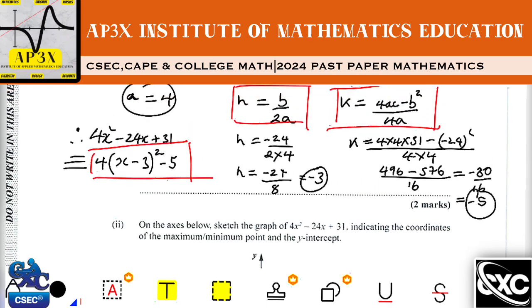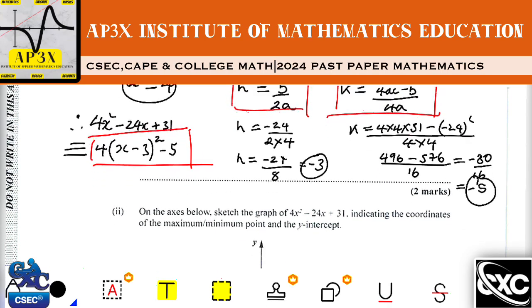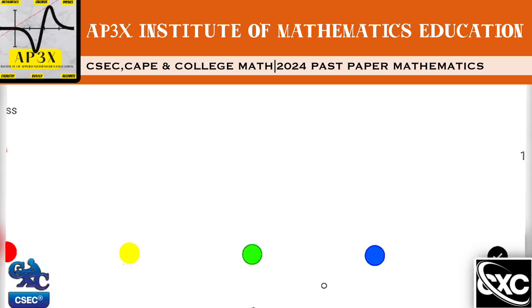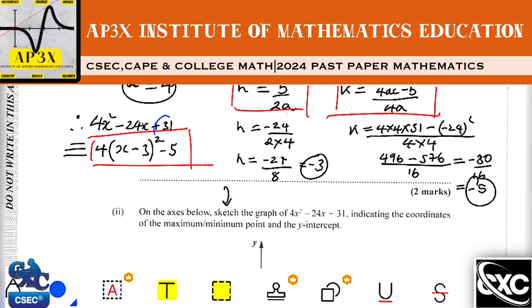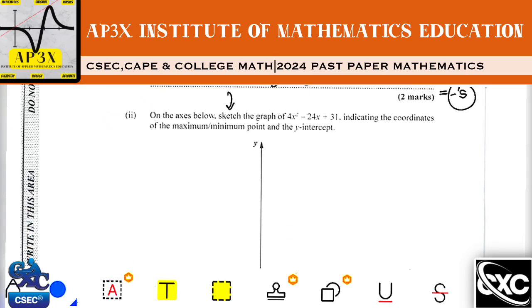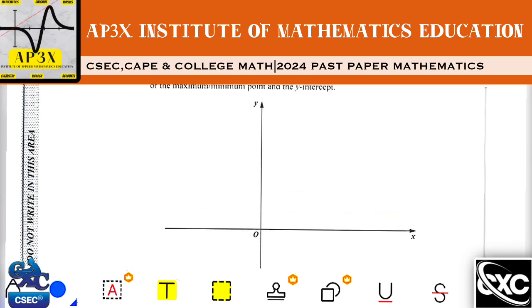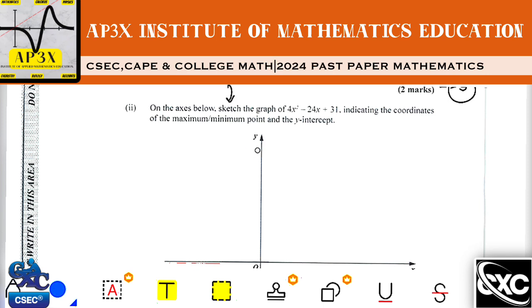So one thing we know for certain is that it's a sketch, so it's not going to be completely accurate. But what we know for certain is that the y-intercept is 31, because the y-intercept is always represented by c. So let's make a little sketch. Let's just assume that 31 is all the way up here on the y-axis. All right, so that's the y-intercept.